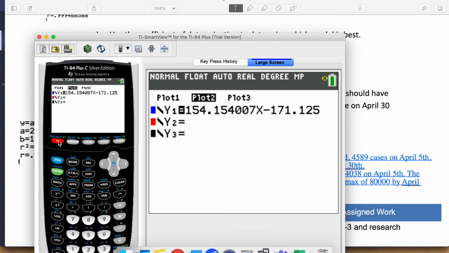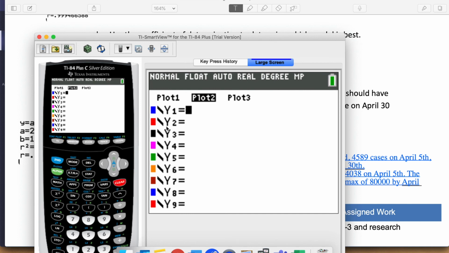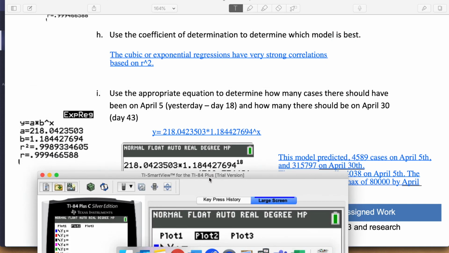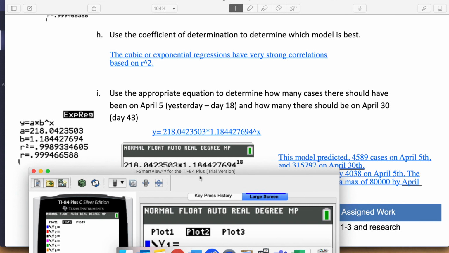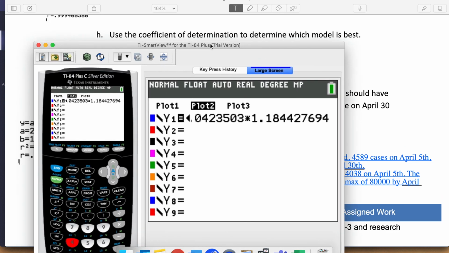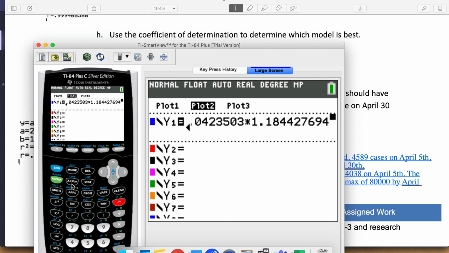And so I'm just going to put this in just to show you the equation. If I type in the exponential equation that we had, just so you see it modeled, the exponential equation here is 218 times b, where b is 1.18, to the exponent x.